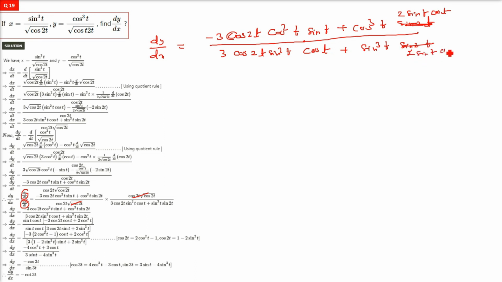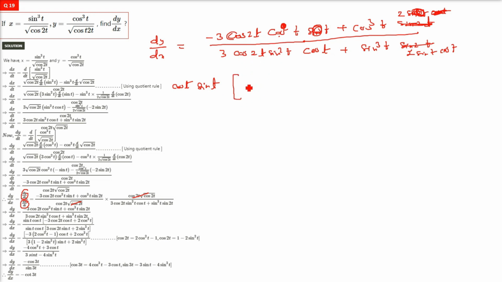And now you have to take sin t and cos t from the numerator and from the denominator as common. Until you don't do that, you will not be able to, because there are so many terms. How are you going to solve that? So cos t and sin t will come from that is why we did sin 2t as 2 sin t cos t. Okay. So now we have cos t sin t being taken out.